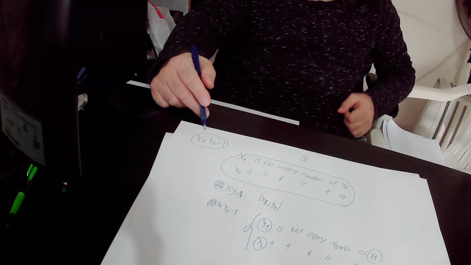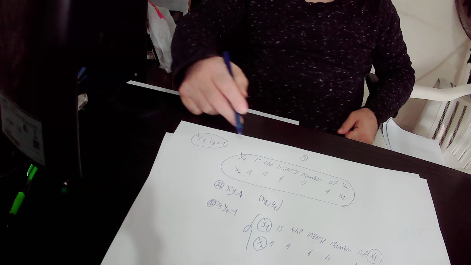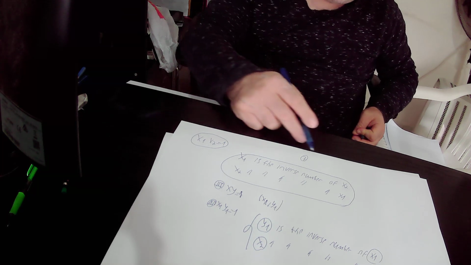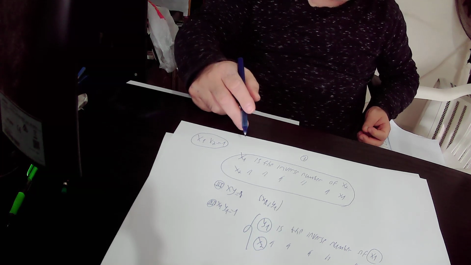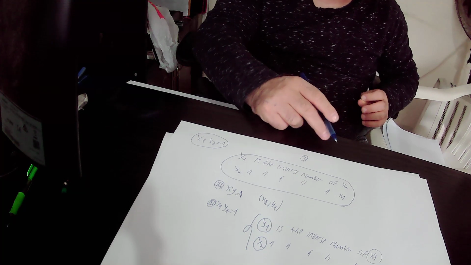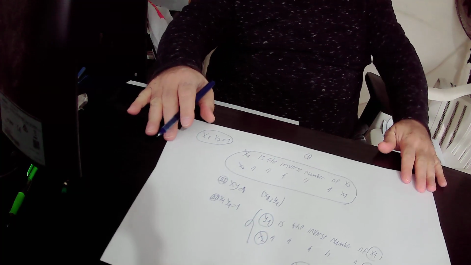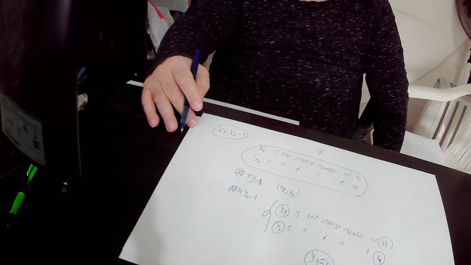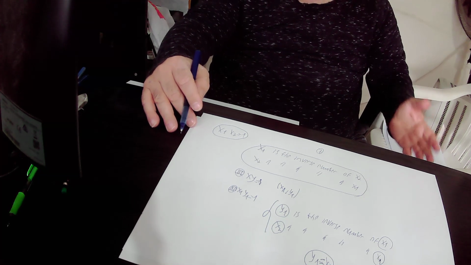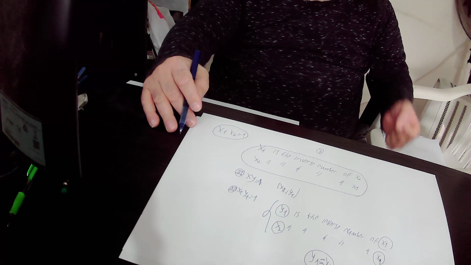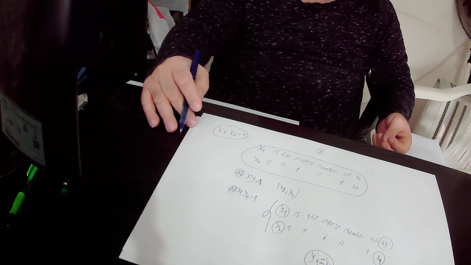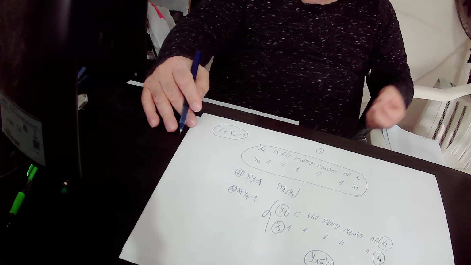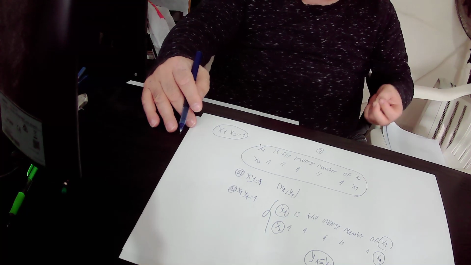What does it mean? It means that x1 is the inverse number of x2 and x2 is the inverse number of x1. But according to equation number 3, we have already found that x times y equals 1. And again, it also means that x is the inverse number of y and y is the inverse number of x.